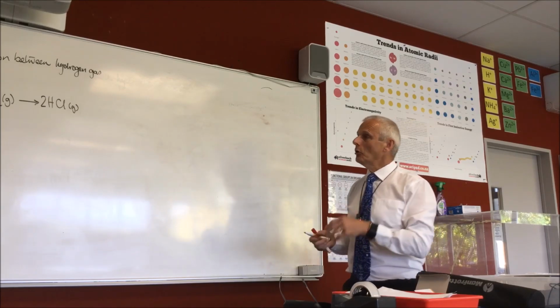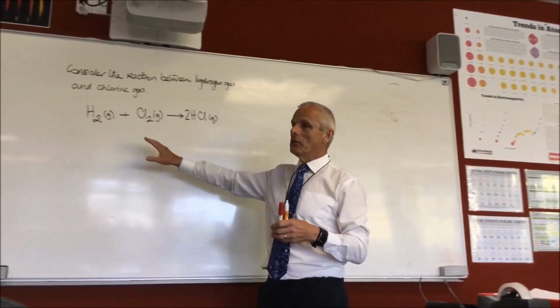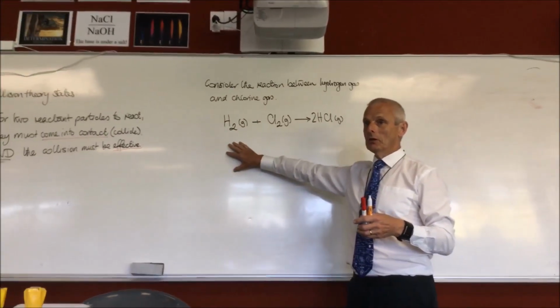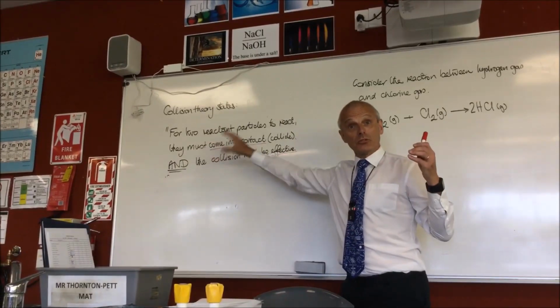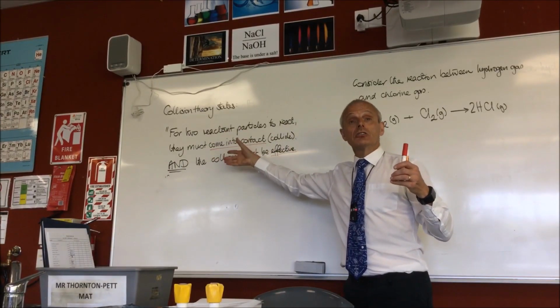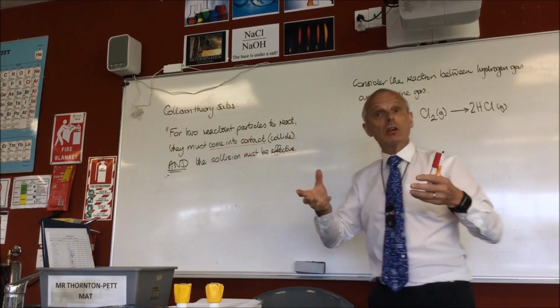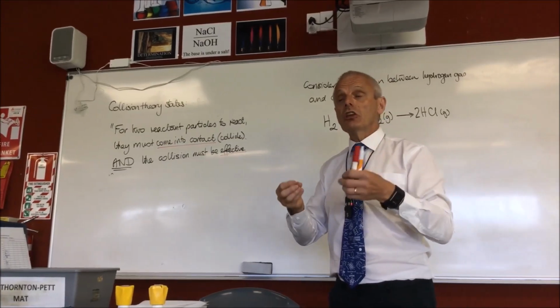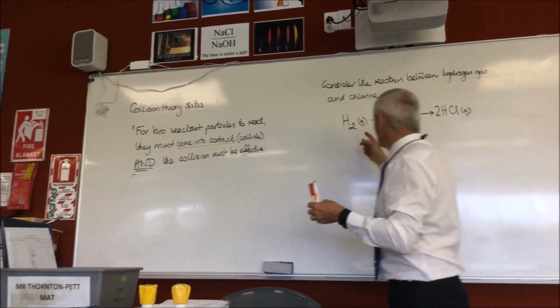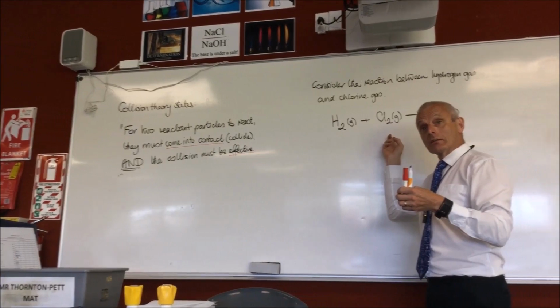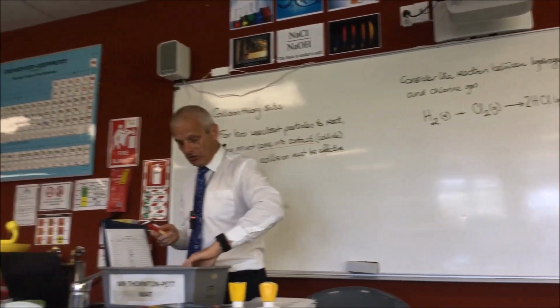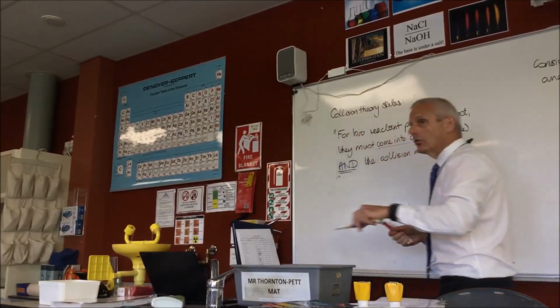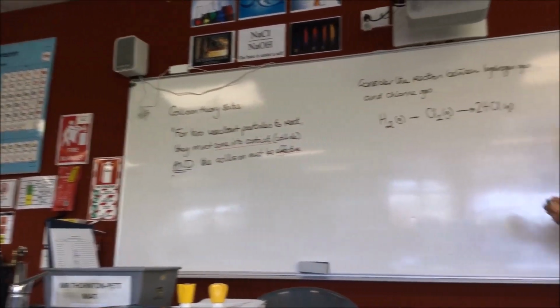Now, what I'm going to do is show you a very simple mechanism for this reaction using collision. So we're going to use collision theory to see what happens as these two simple molecules react together. Okay? So I'm going to use a very simplistic representation of each of those two molecules.